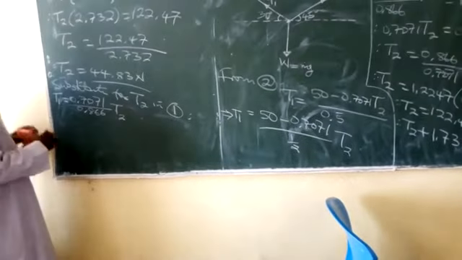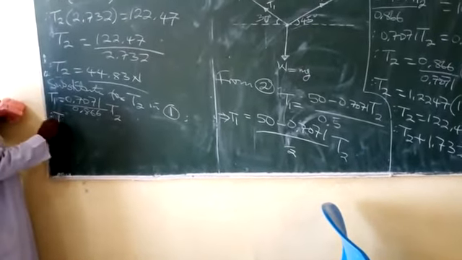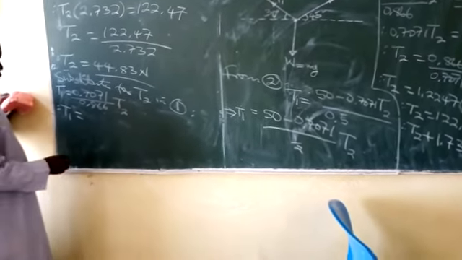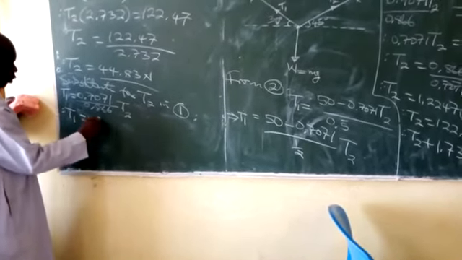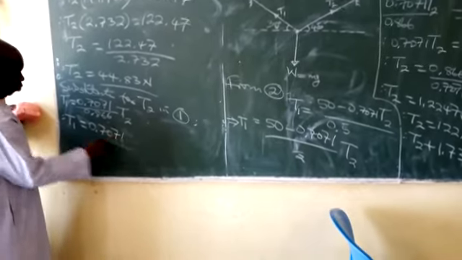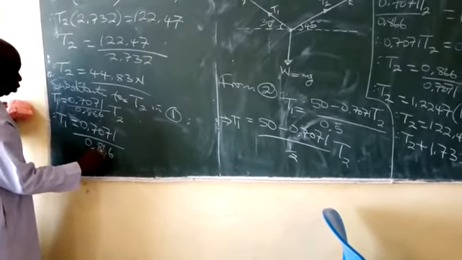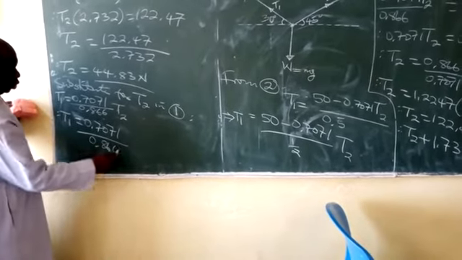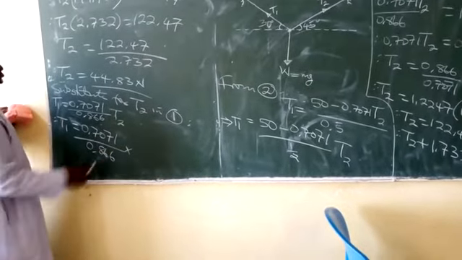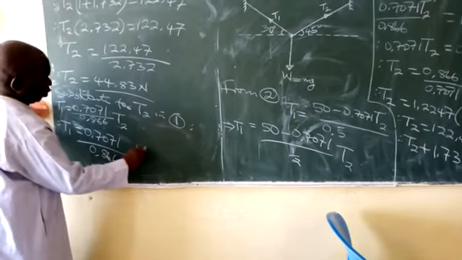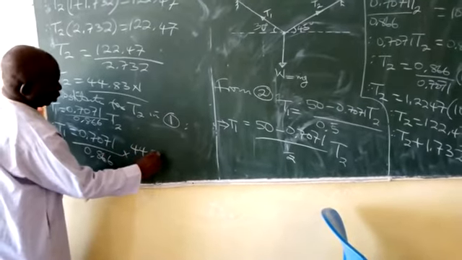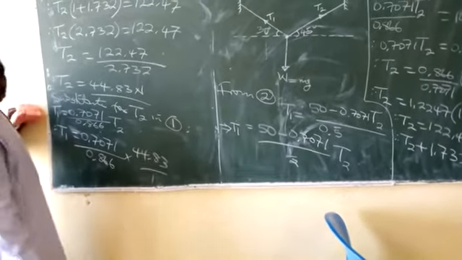So it means that T1 is equal to 0.7071 over 0.866 times T2. And what is T2? 44.83.